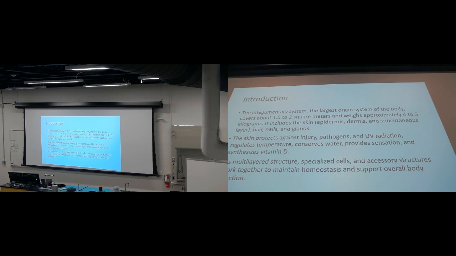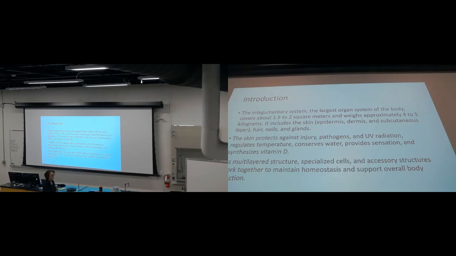Functions of the skin: to protect against injury, to protect against infections, to prevent dehydration, and as well the production of vitamin D. And we help as well to regulate body temperature with the skin.